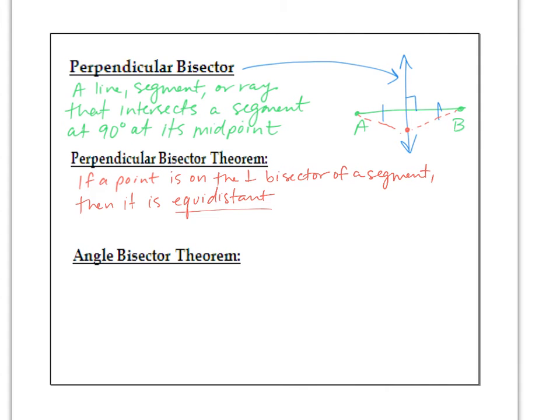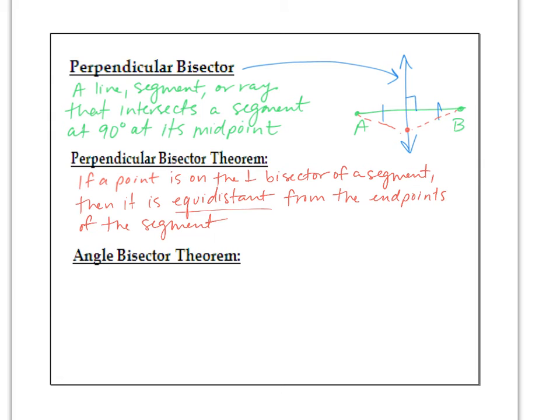Equidistant means equal distances from the endpoints of the segment. If a point is on the perpendicular bisector of a segment, then it is equidistant from the endpoints of the segment. And again, I'll just show you one more example on our picture up here.